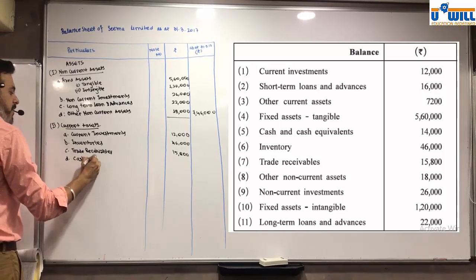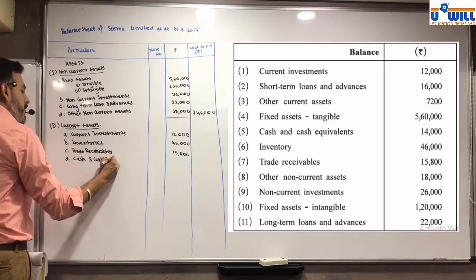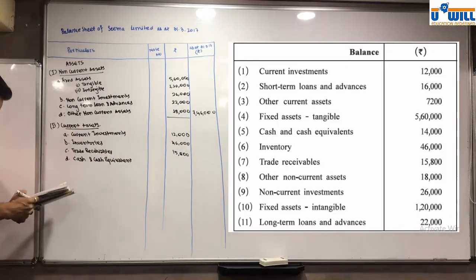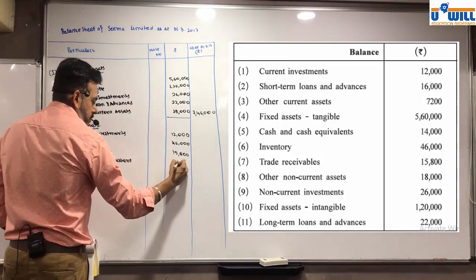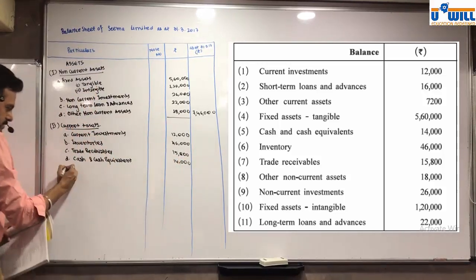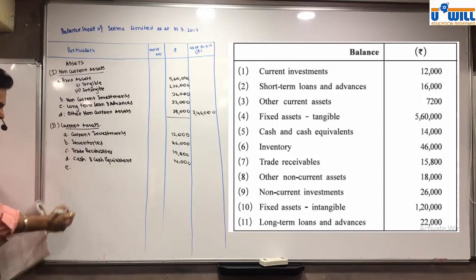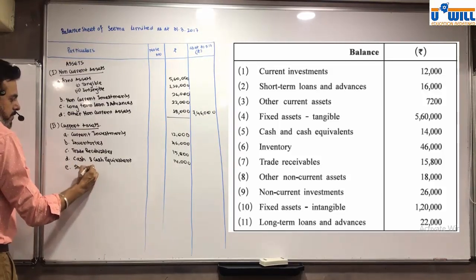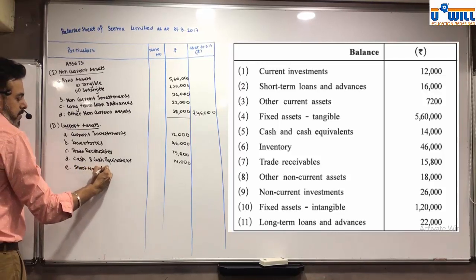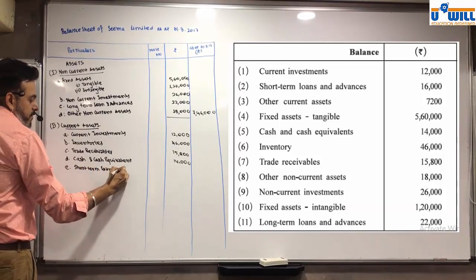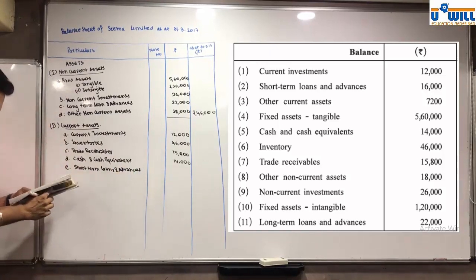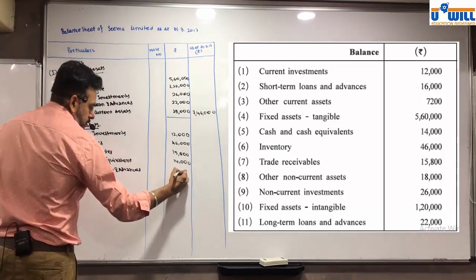Cash and cash equivalents, 14,000. Short term loans and advances, 16,000.